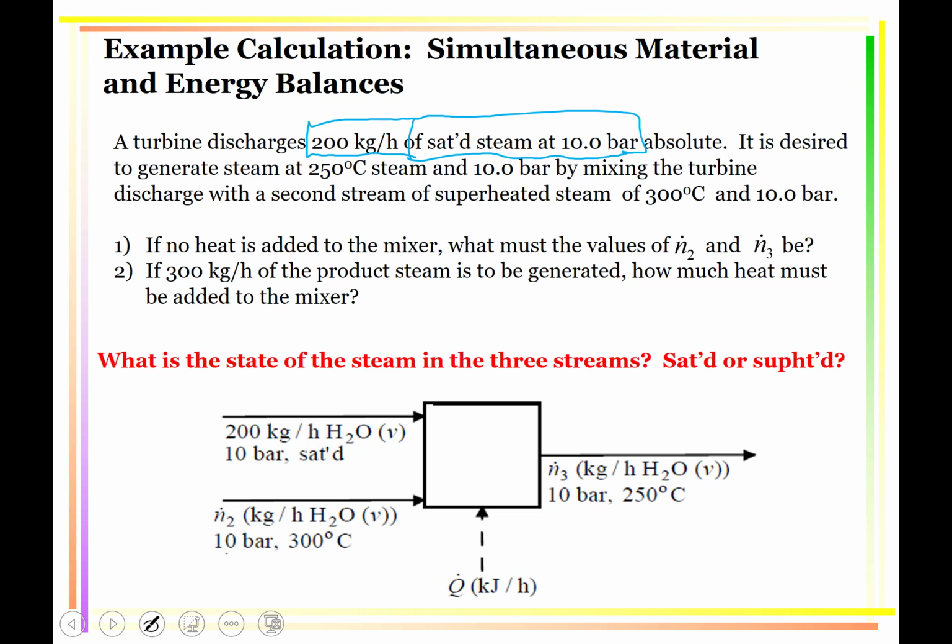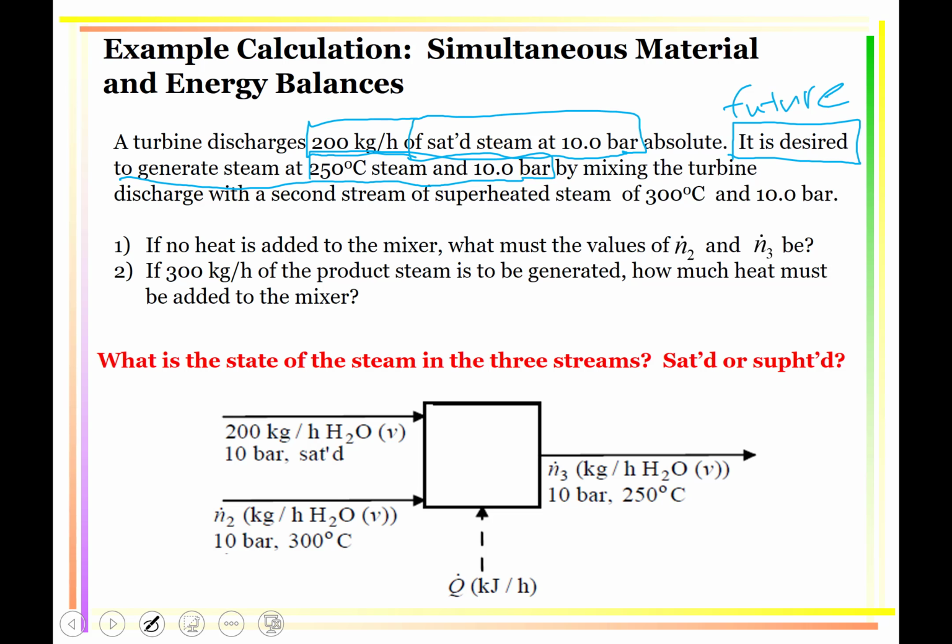And the goal of the process, note the terminology here, it is desired. That is written in future tense, and therefore it is the goal of the process to generate steam at 250 degrees C and 10 bar.